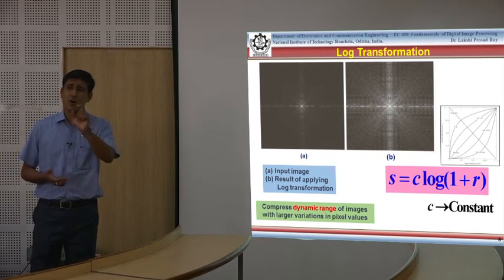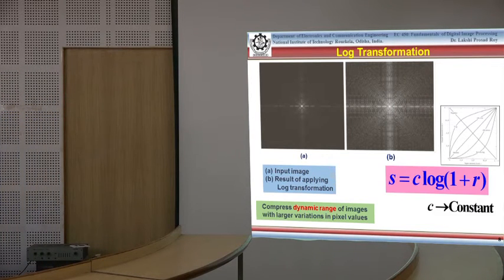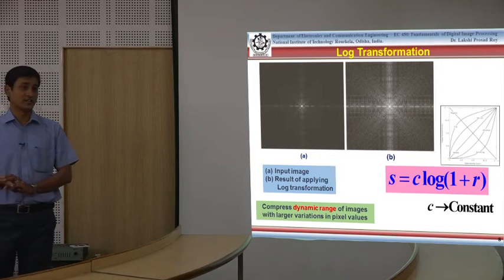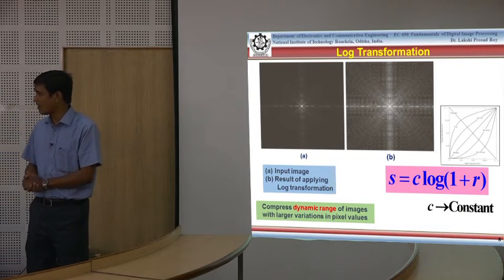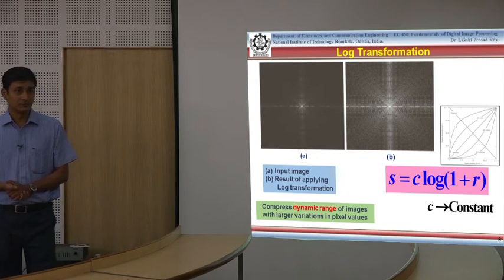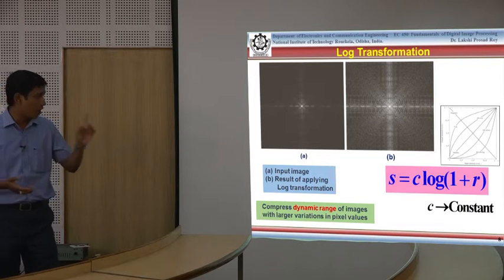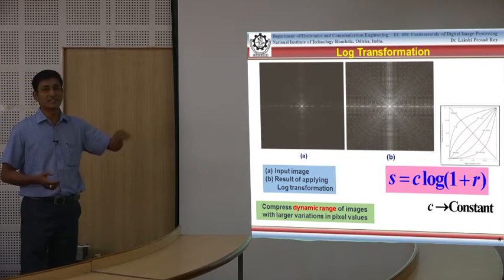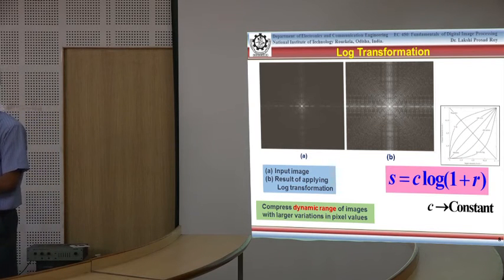In that case, a small scaling is made, a small multiplication factor is considered, which is C, considered as a constant. It is up to you. You consider capital C as 1 or any other value as per your desire. Okay, C is a constant. Basically it is a log of r, and the remaining things are along with it for shaping the actual intensity value, nothing else.